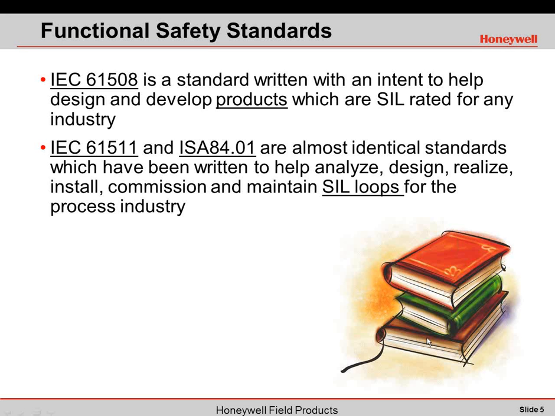If you look at these individual standards, IEC 61508 is titled Functional Safety of Electrical, Electronic, Programmable Electronic Safety Related Systems, and 61511 is called Functional Safety Instrumented Systems for the Process Industry Sector. So 61508 is also referred to as an umbrella standard because underneath it is 61511 as well as a number of other standards that relate to safety in other industries or applications.